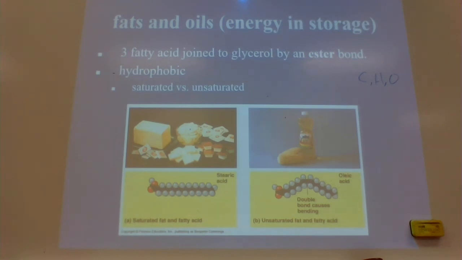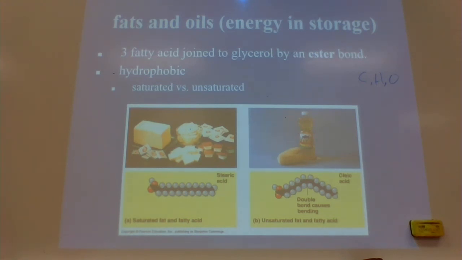So you know how many calories are in a gram of carbohydrate? Yeah, like 4. So there's 4 calories per gram of carb. How many calories are in a gram of fat? 9. So fat has a lot more energy in it than carbohydrates do.